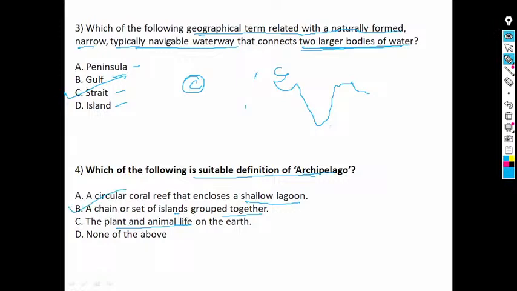The answer is a chain or set of islands grouped together. B for Bombay.